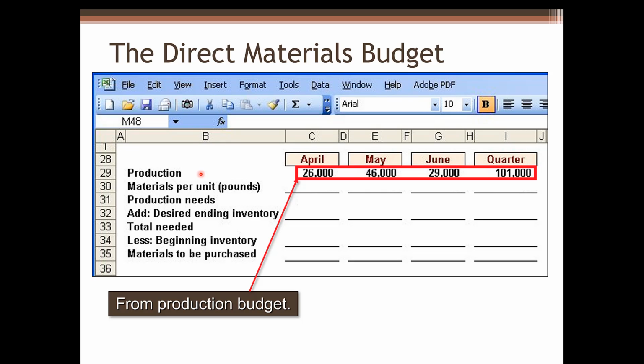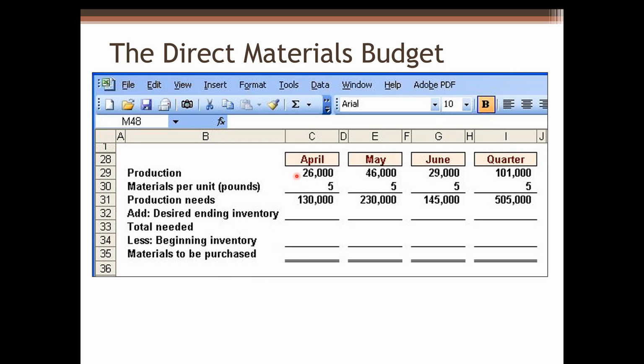To prepare the direct materials budget, we start from the required production in units from the production budget. Here, for April, required production is 26,000 units, May 46,000, June 29,000. We add them together: 101,000. For each unit, it requires 5 pounds of materials.